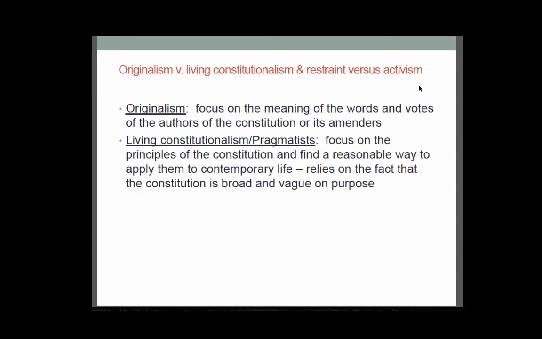In general, although I don't think it applies this way, in the news media, originalism is typically attached to conservatism, and living constitutionalism is typically attached to more liberal views of the Constitution. That being said, I think these two viewpoints get used in a more political way. If originalism fits your needs and helps you make your argument, then you embrace originalism. If living constitutionalism embraces your argument, then you do that.